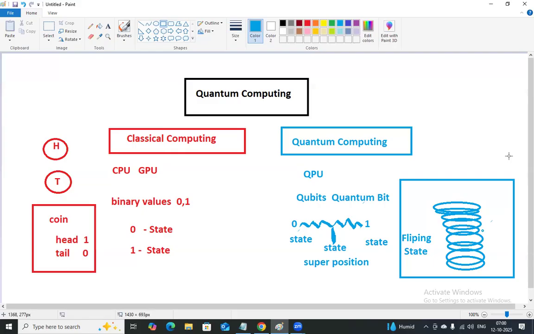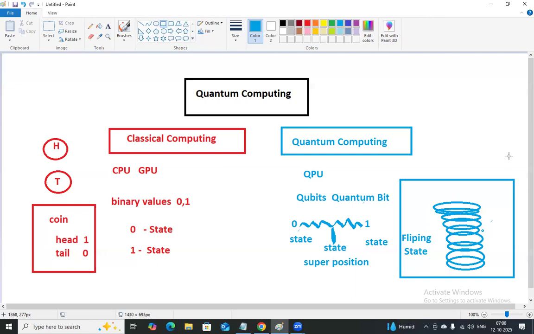When computers are built with qubits, the computing performance is super high speed.